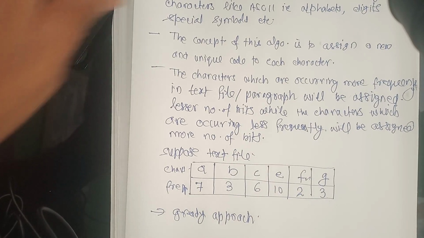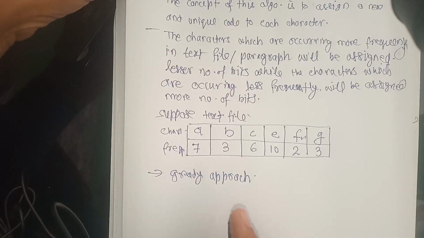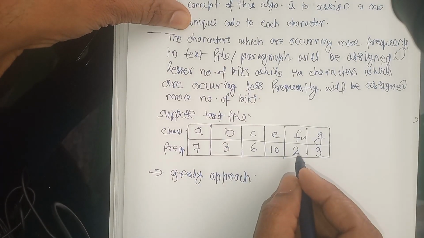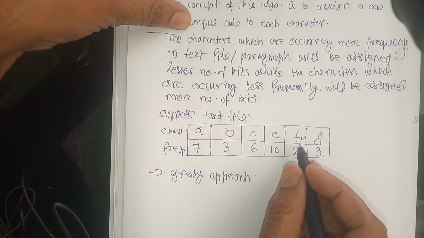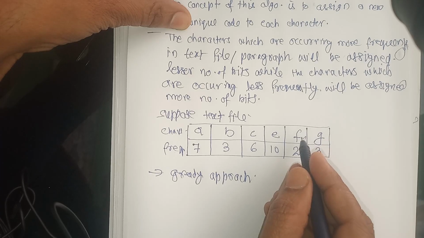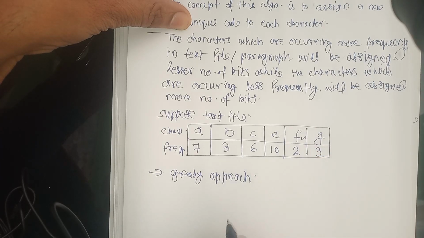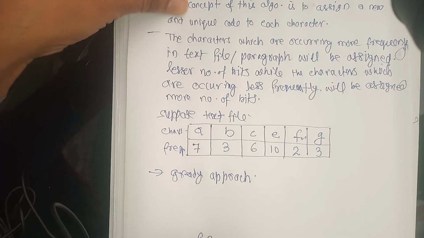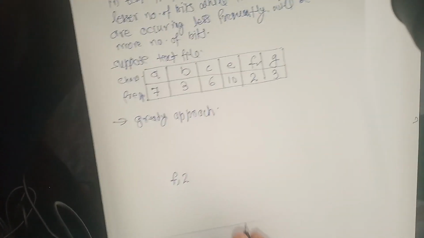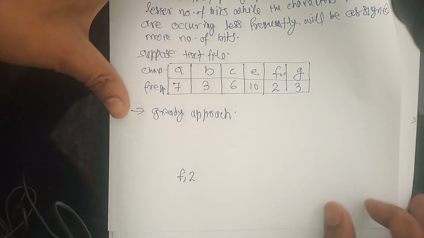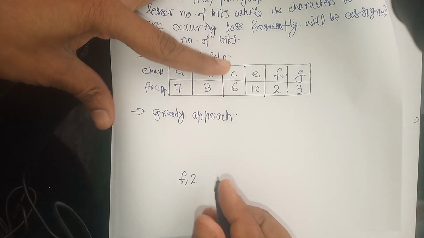So we will start preparing the tree. While preparing the tree, we have to understand one more thing: the character which has less frequency will be kept in the left child. So now we start with F, and we will also write the frequency of this character.